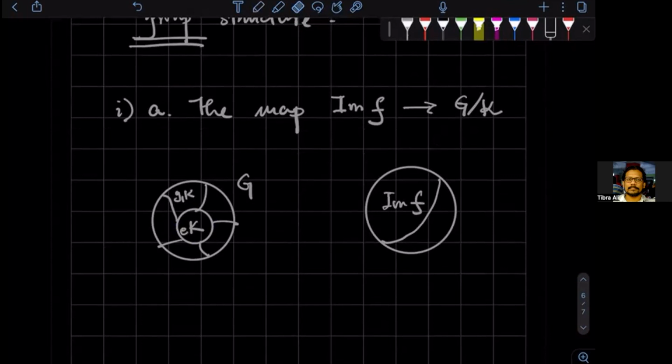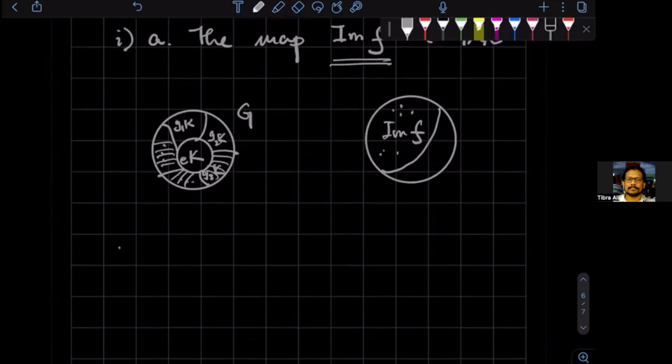It's the identity element of G over K. Then we have G2K, G3K, and so on. So what we are saying is that now we'll look at the map, which is the map from the elements of image of F to each of these cosets.